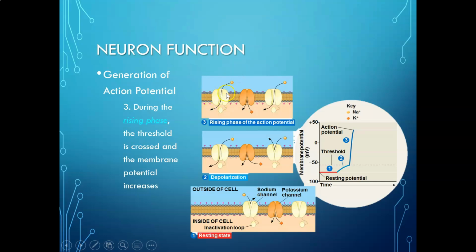Enough of that positive sodium has flowed into the inside of the cell that now the internal cell overall has a positive charge compared to a now more negative charge on the outside. So I've flipped the charges from here to here. Once I hit that threshold, that rising phase causes enough sodium to flow in to cause the change in that particular cell's charge.